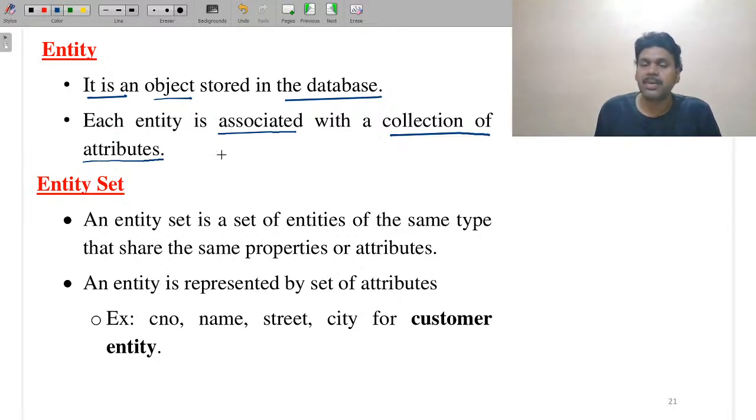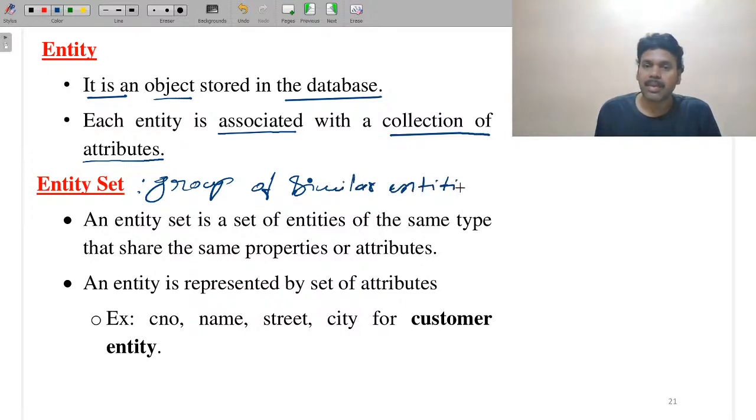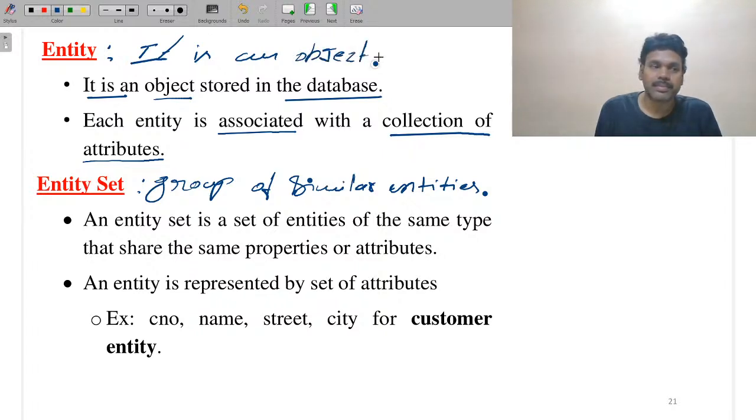What is entity set? It's a group of similar entities. So entity is nothing but, in simple terms, an object. So when you talk about an entity set, course number, name, street, city all together belong to the customer entity.